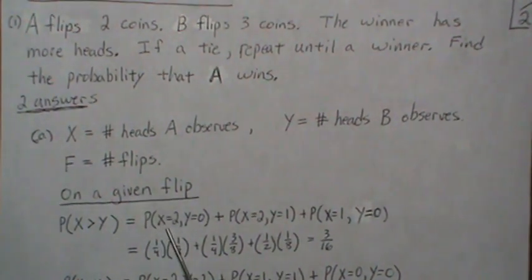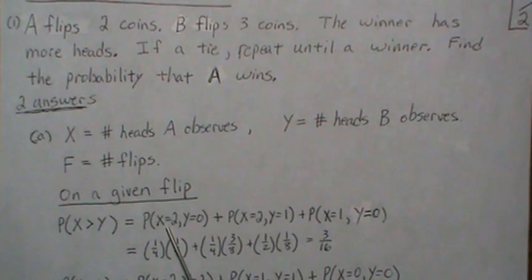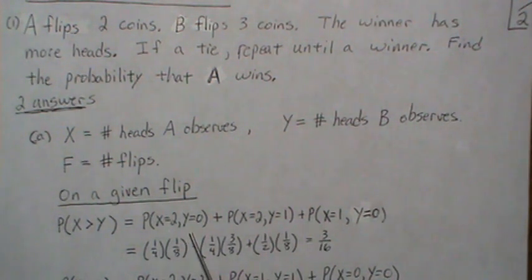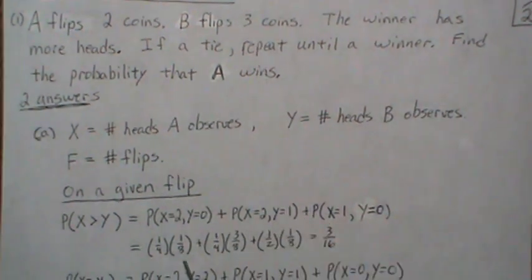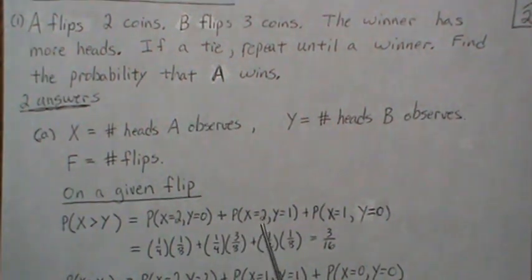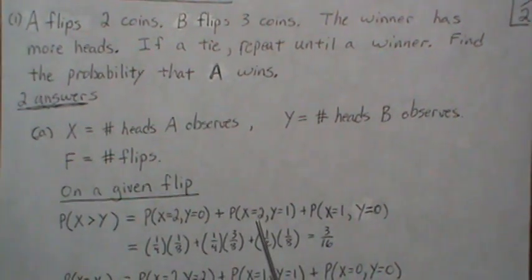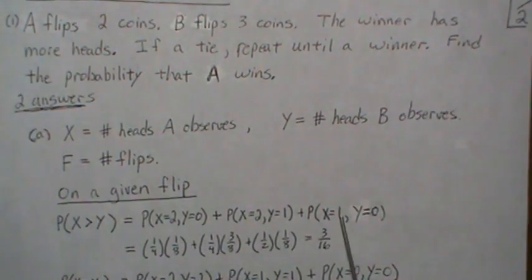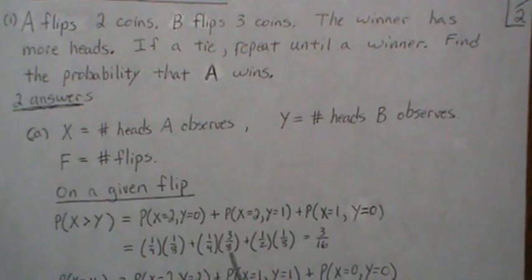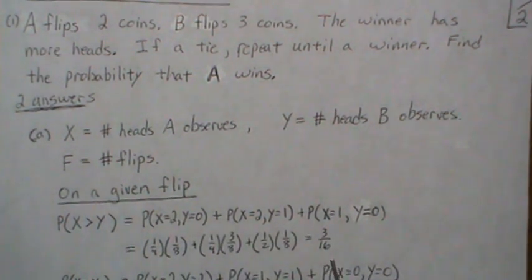So the probability that we have 2 heads with 2 coins is 1/4. The probability that we have 0 heads with 3 coins is 1/8. Here, the probability that we have 2 heads with 2 coins is 1/4, and 1 head with 3 coins is 3/8, and 1/2 times 1/8, and those add up to 3/16.